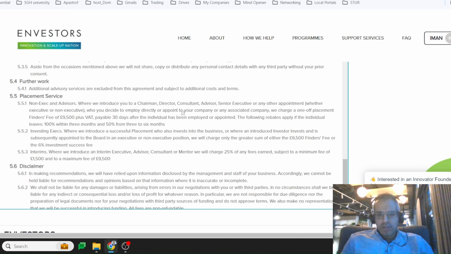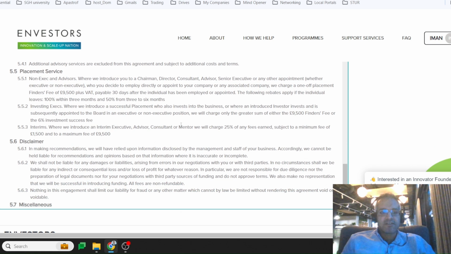In case you are looking for advisors or non-executive advisors to get some chairmen to handle the business for you, or for any reason you need additional founders, they are going to charge you £9,500. That would practically be the service fees.